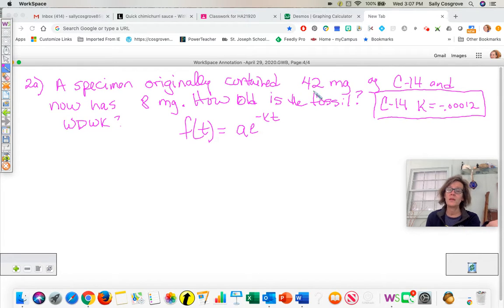Who is 42? Yeah, it's A. So we know that A is 42 milligrams. And what else do we know? Well, it now has 8 milligrams, so that is F of t. That's an amount after some time t. So we know F of t.